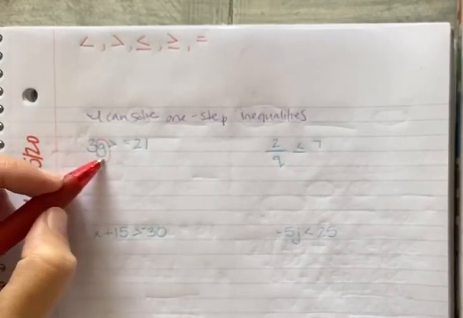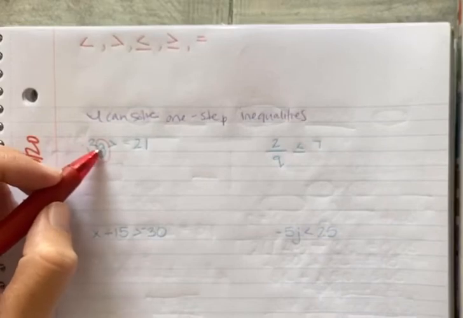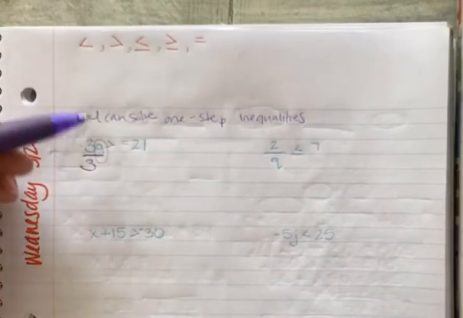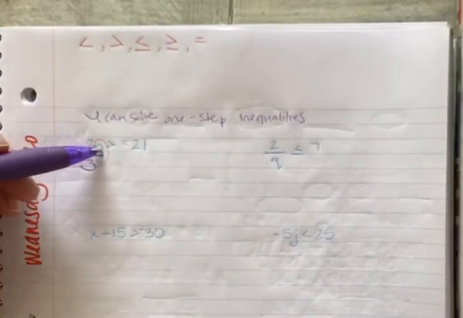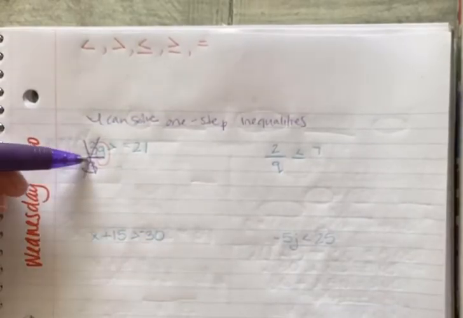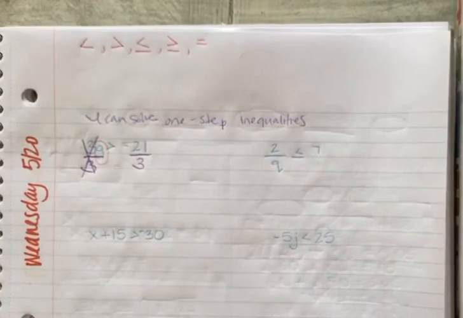If I'm solving for g here, this 3 is attached by multiplication. If I want to get g by itself, I have to do the opposite. So what I'm going to do is divide by 3. Multiplying by 3, dividing by 3, that cancels out. But if I do it on one side, I have to do it on the other side to balance the inequality.